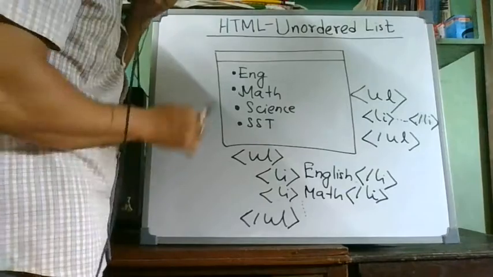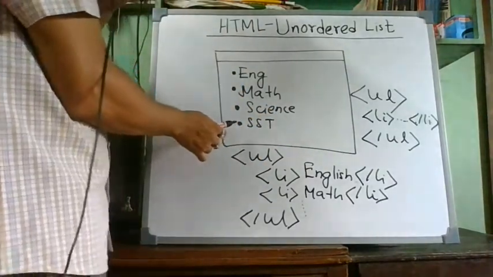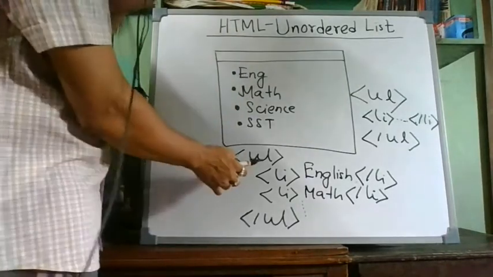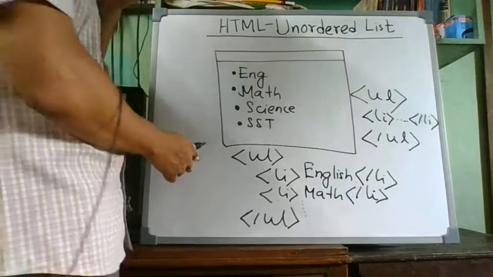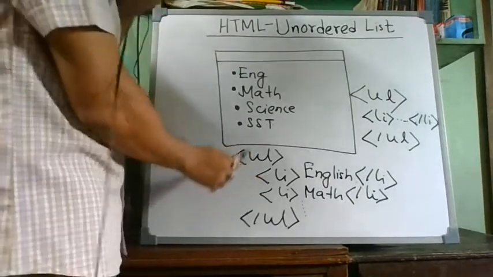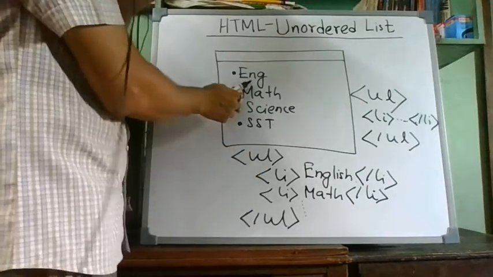Now consider this list. It is an unordered list which has four items. So we have started the UL tag. After the UL tag, we have started the li tag, that means list item tag. What is our first item? English.